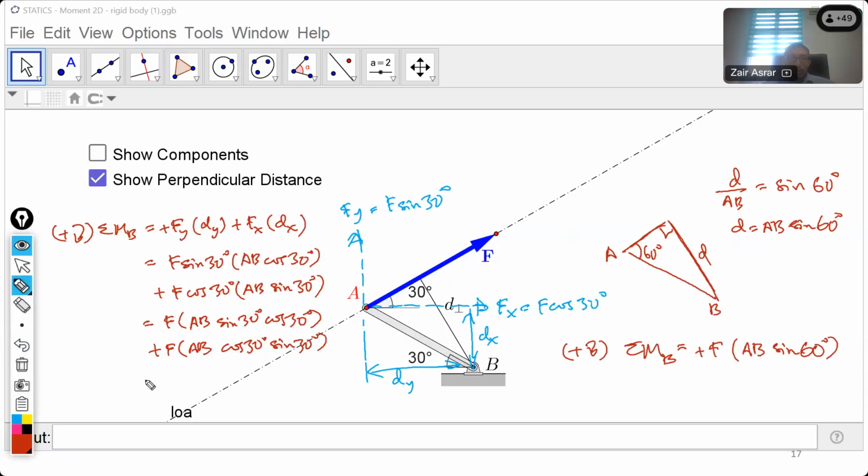Or in other words, we can write here F times AB sine 30 degrees cos 30 degrees.